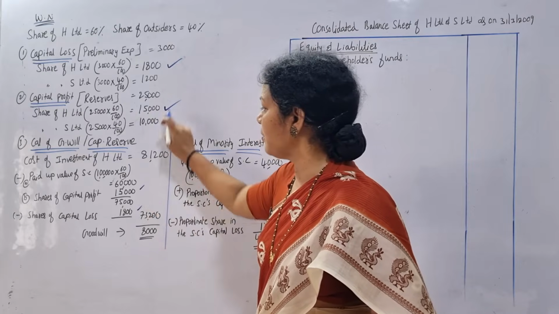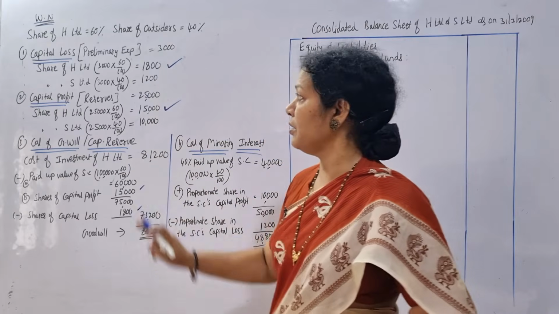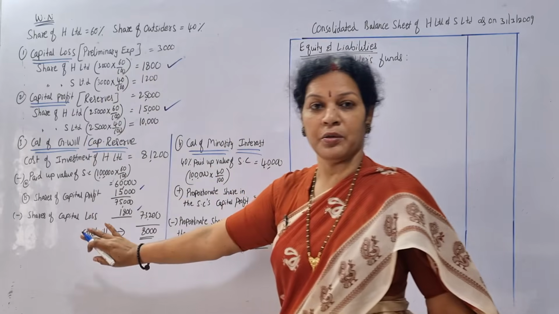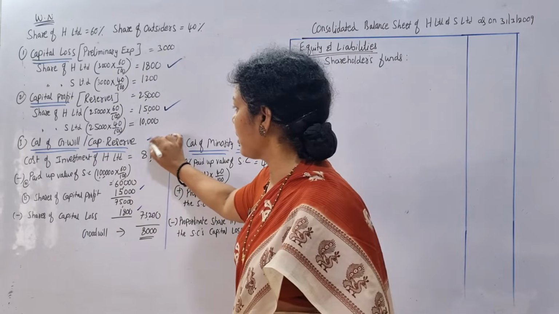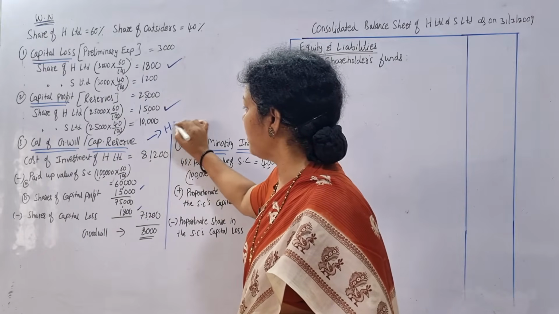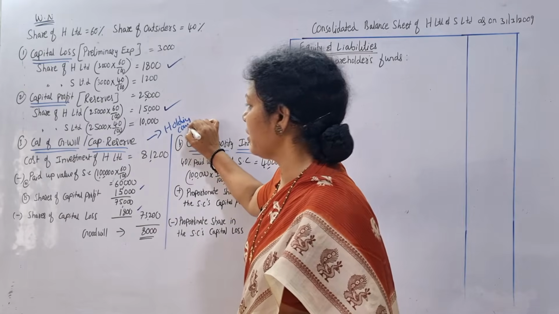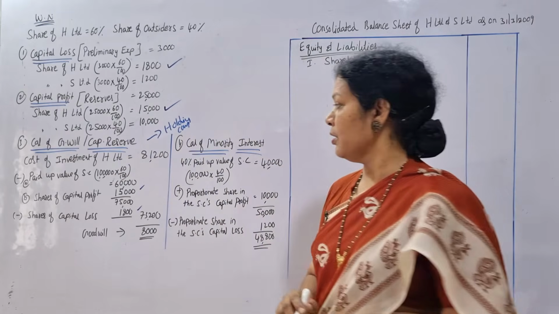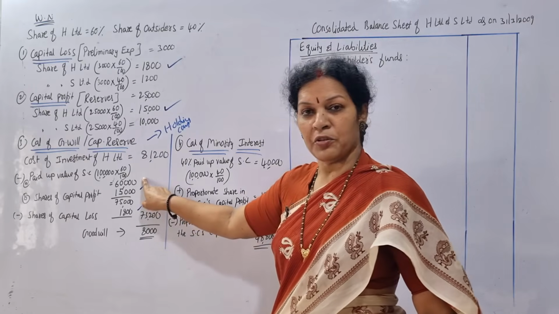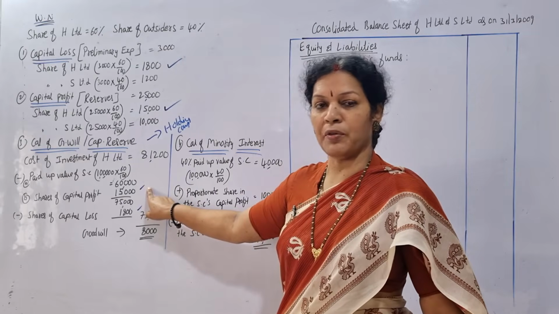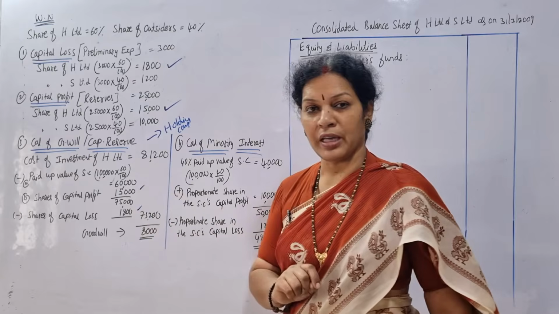This is 15,000 and 1,800, of H Limited, which we are taking into the goodwill or capital reserve calculation. H company, holding company only. Holding company transactions. So total paid up capital is this much, added capital profit, deducted capital loss.